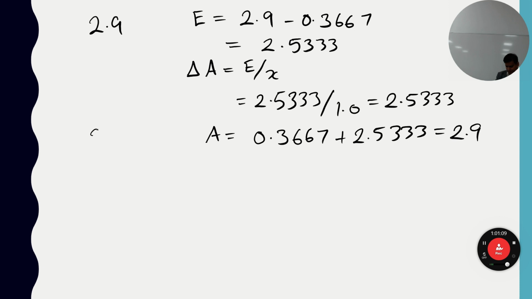When x equals 1, the answer for the function is 2.9, which is in fact the desired value, right? It is kind of fair enough for us to understand the whole concept here. So let's try to plot the whole different training things that we saw.